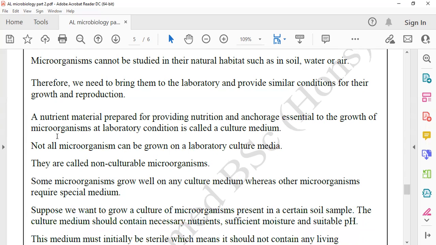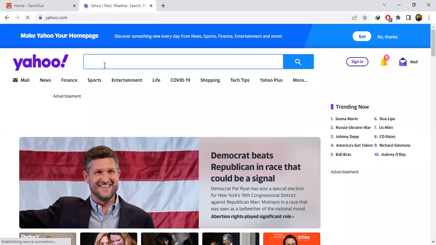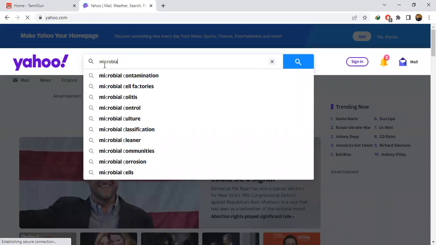To do this, we make a culture medium. To grow them, we want a microbial culture medium. It will be a jelly-like material.